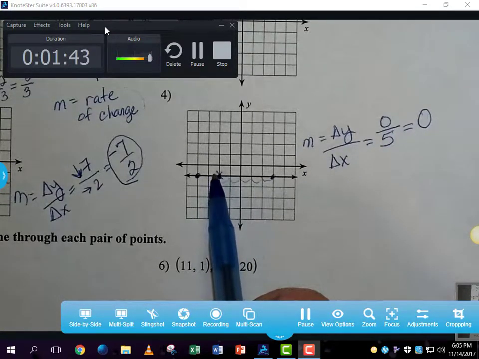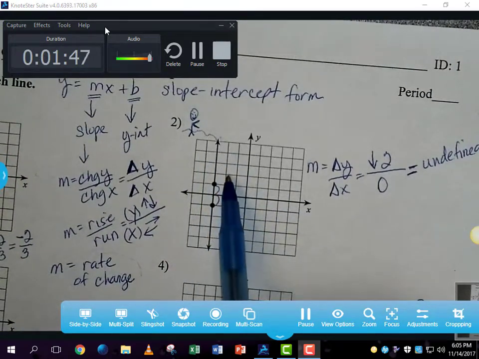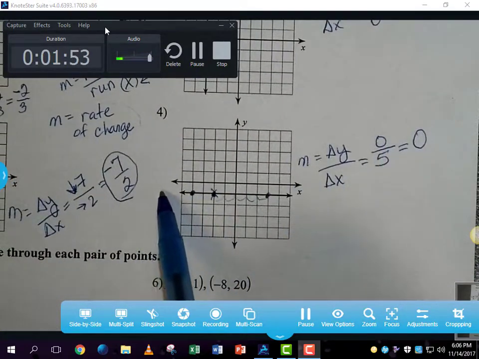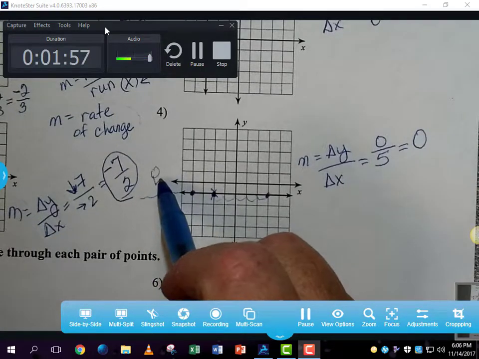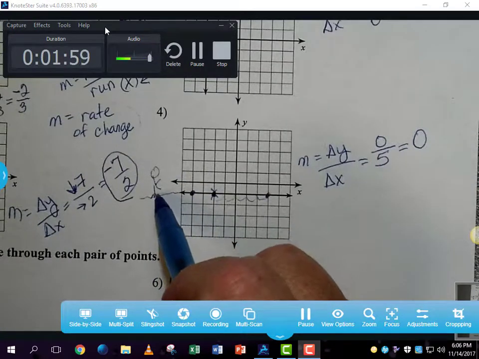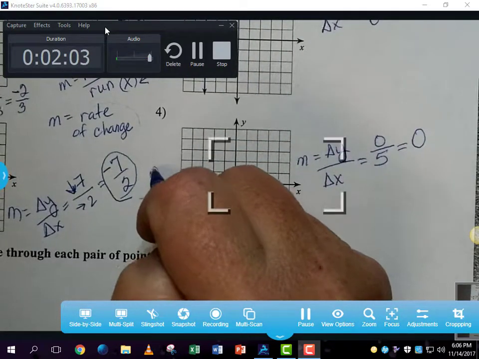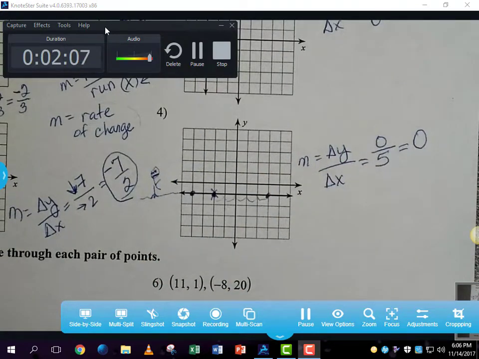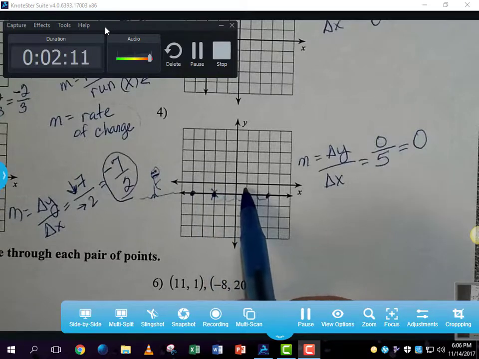Now, we looked at number 2, right? We're skiing, crash, right? Because the slope is undefined. Here, if we came in skiing on this, this person is just skiing along, and this is not much fun either.